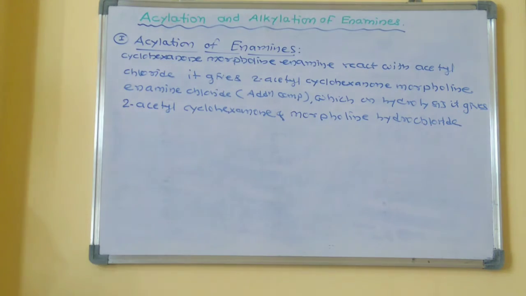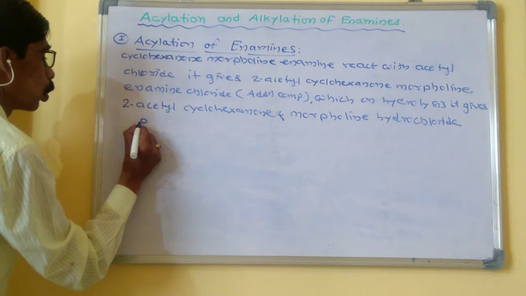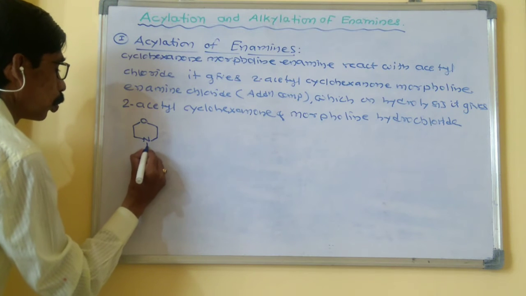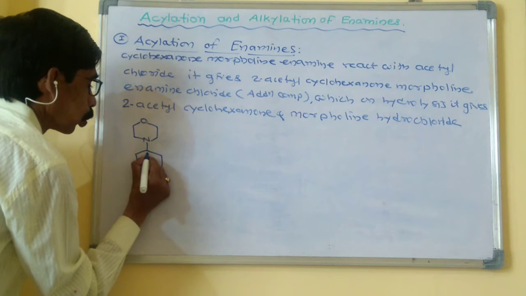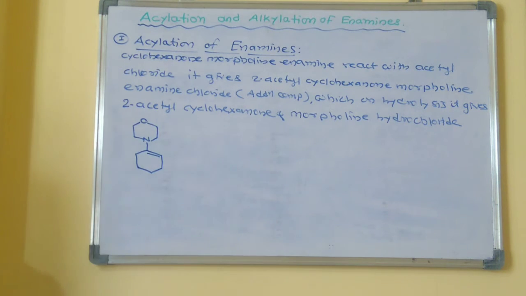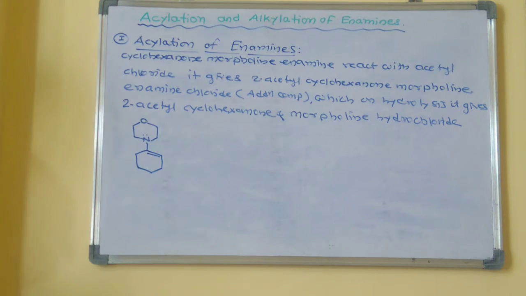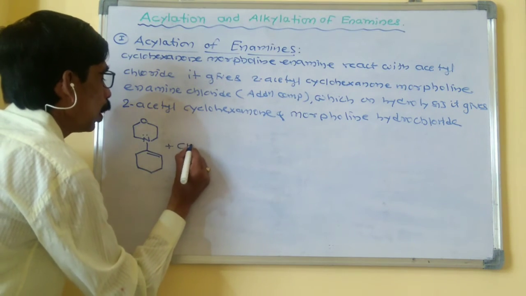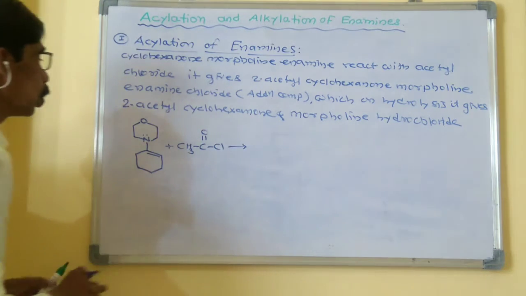Now, this cyclohexanone morpholine enamine reacts with acetyl chloride, CH3 C double bond O Cl.